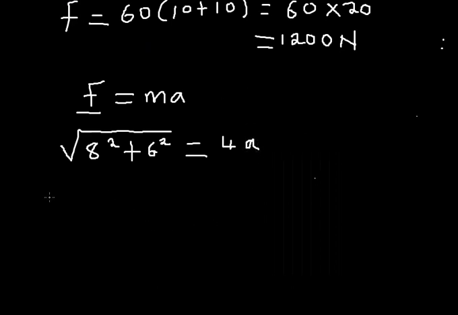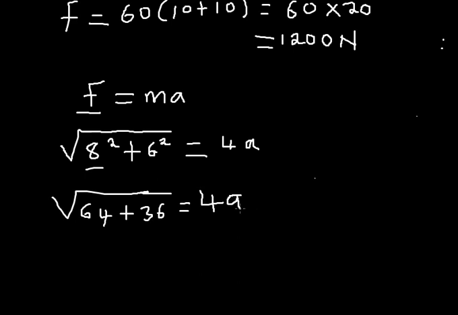All right, so of course, this 64 plus 36 equal to 4a. 64 plus 36 is 100 equal to 4a. Then the square root of 100 is 10, equal to 4a.